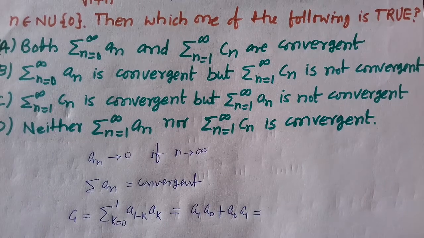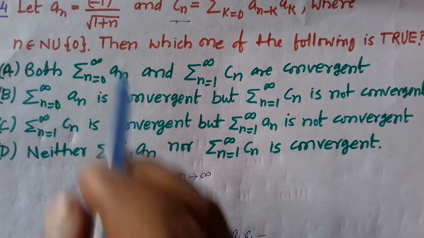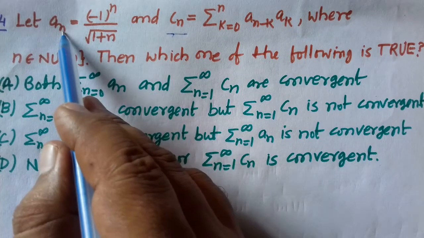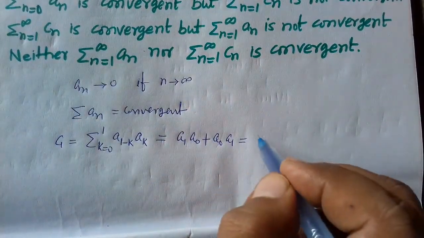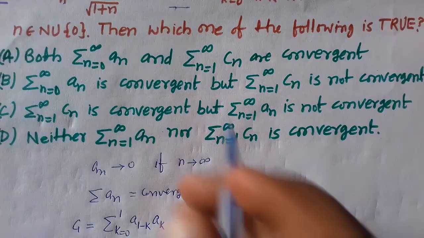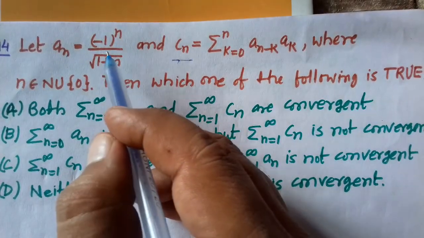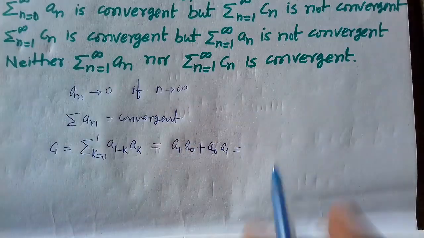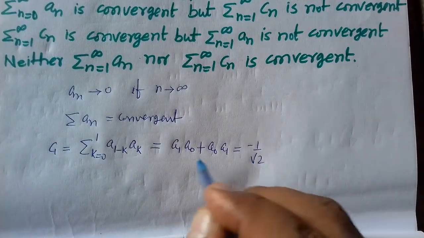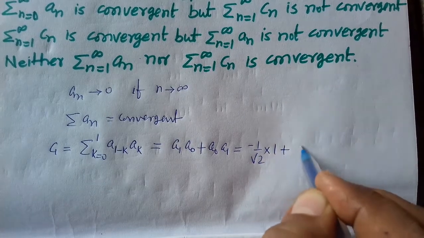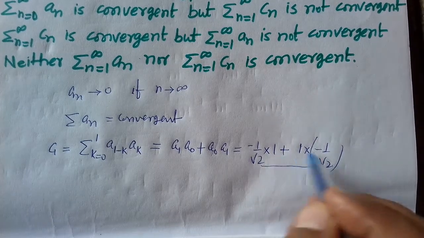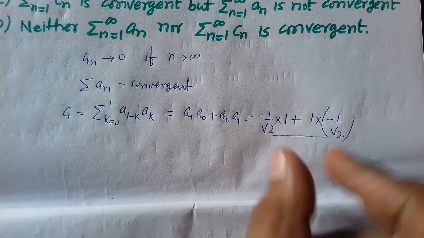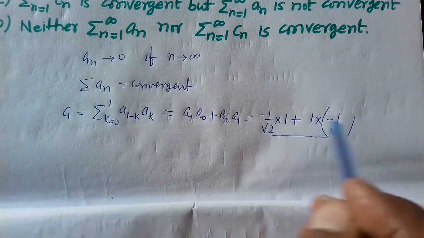Putting n equals to 0, a0 is 1, and putting n equals to 1, a1 is minus 1 by root 2. So it is 1 into minus 1 by root 2, and both terms are negative, so the whole thing is negative.